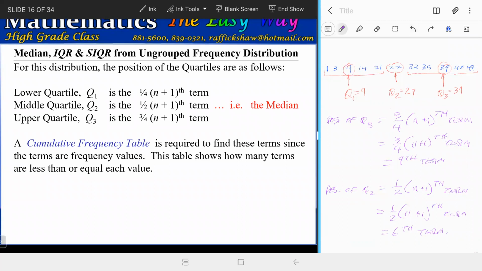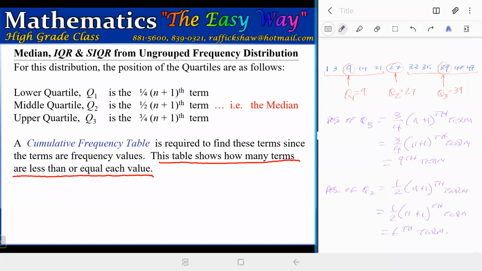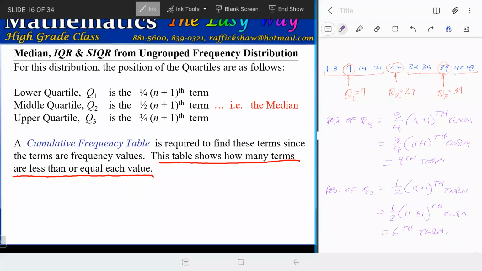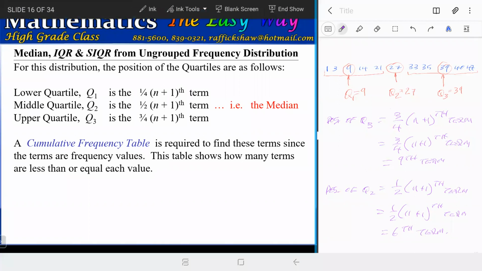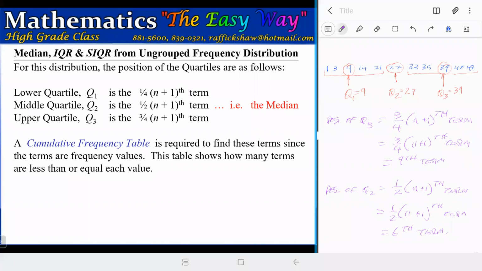This table shows how many terms are less than or equal to any given value. So you're counting up the terms as you go. With grouped data, we're going to be using this cumulative frequency column a lot more. But for now, this is it.